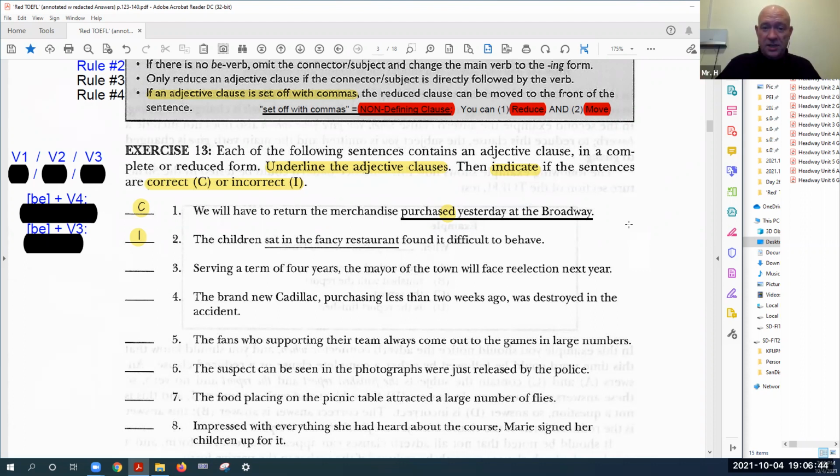We have to add the connector subject and the be verb. Yes. So what would I say? We will have to return the merchandise, which was purchased. Is that active or passive? Which was purchased. Passive. It's passive.